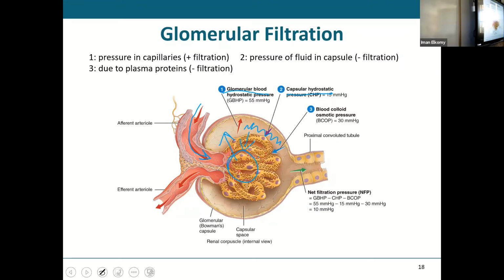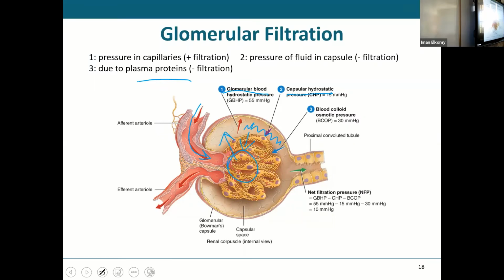Yes? Okay. Our third force is going to be the blood colloidal osmotic pressure, and that is actually due to the plasma proteins that we have in our blood. So if we have a high osmotic pressure in blood, meaning there's a lot of plasma proteins, that works against filtration. Okay, why?